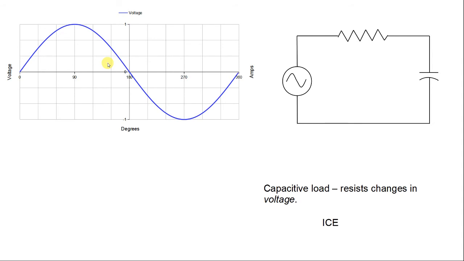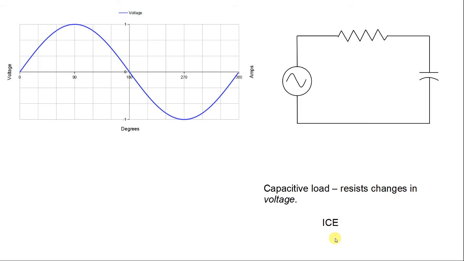We have a 3-letter acronym that we can use to understand that relationship. So ICE is our 3-letter acronym. The C stands for capacitance. The I stands for current, and the E stands for voltage. And in a capacitive load, our current, our I, is going to lead our voltage, E. Or another way of thinking of it is our voltage is going to lag our current.